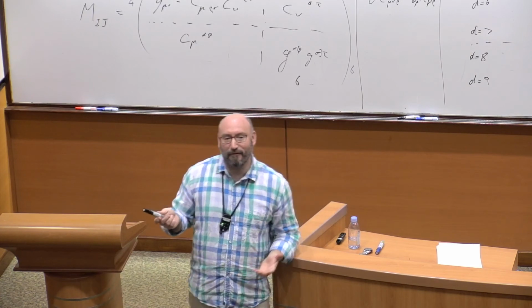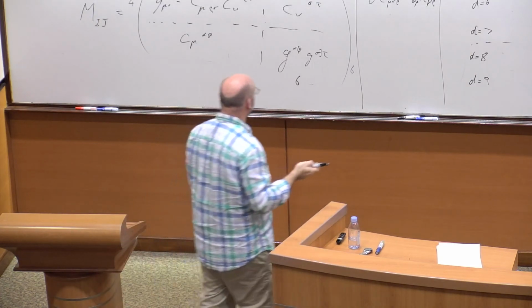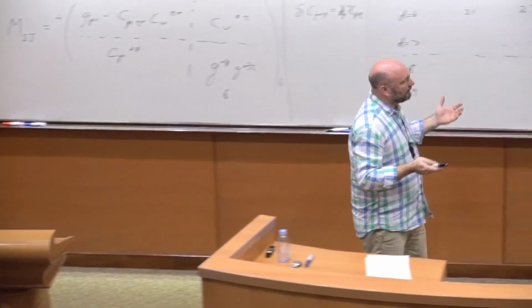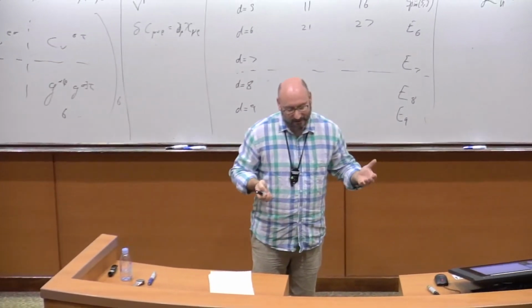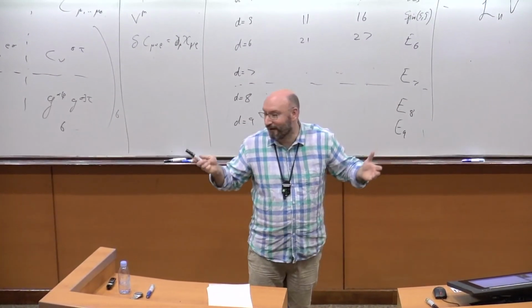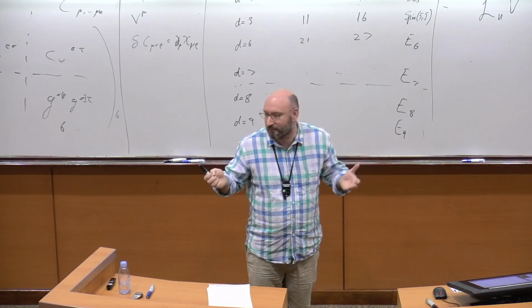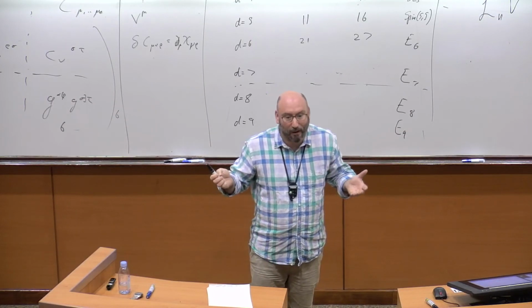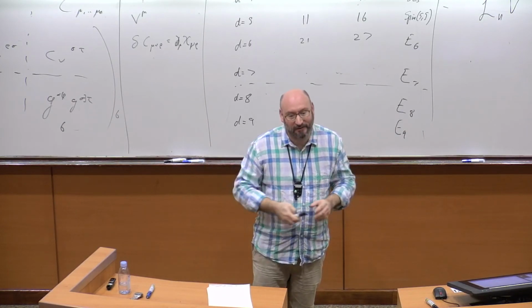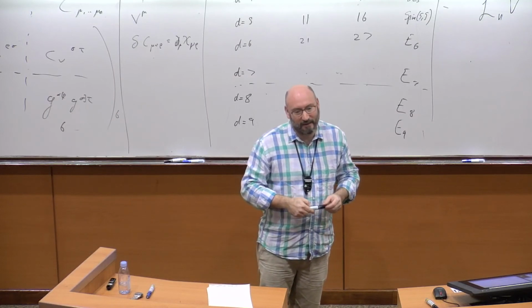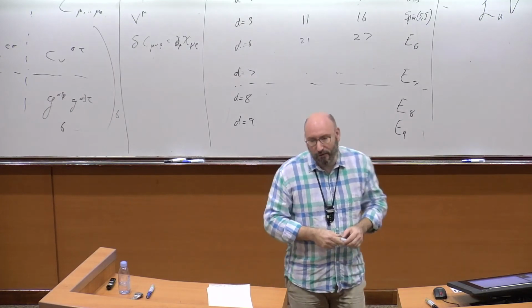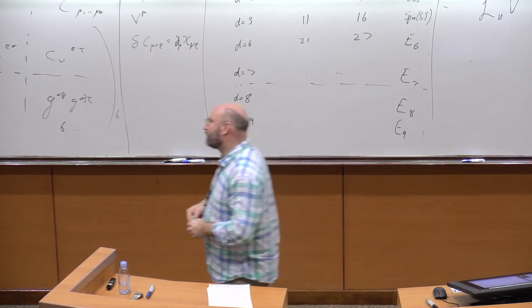I've written down a two-derivative term with some fields, and in D equals 10, how can this be renormalizable? It can't be any better than the Kaluza-Klein. It can't be any better, right?